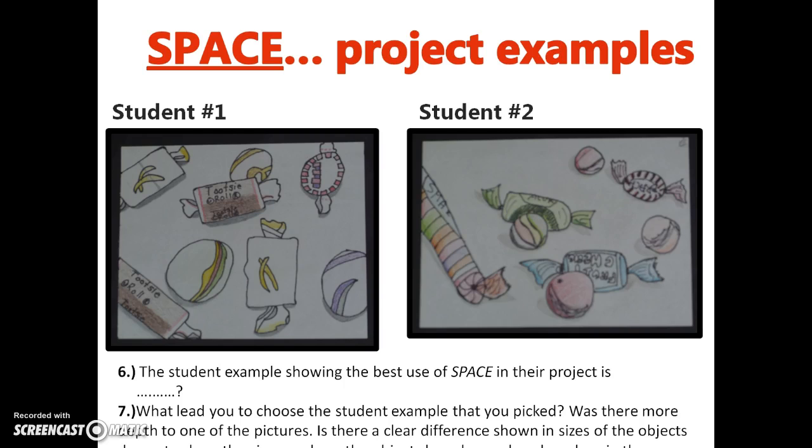What led you to choose the student example that you picked? Was there more depth to one of the pictures? Is there a clear difference shown in sizes of the objects drawn to show the viewer where the objects have been placed, such as in the foreground or background?